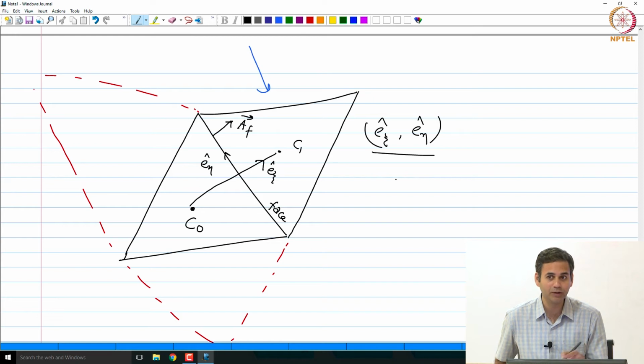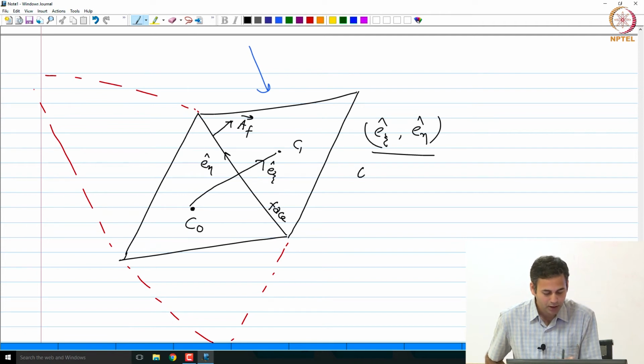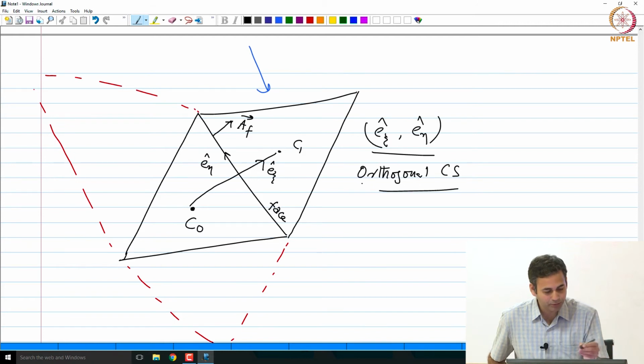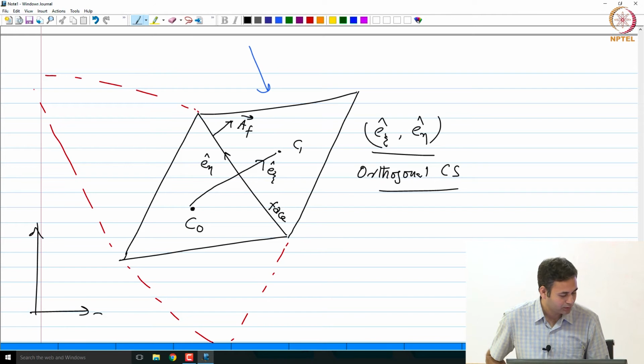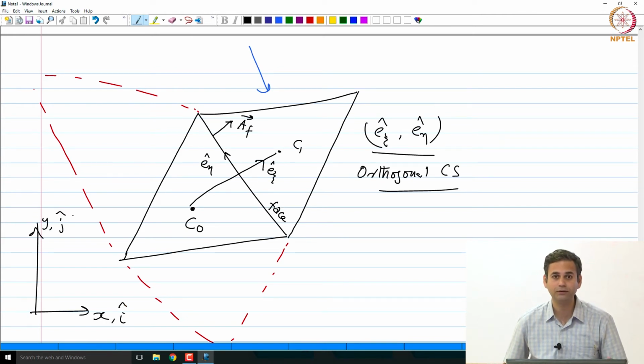This is orthogonal by virtue of the cells being orthogonal, because this line is parallel to the A f. So, this is an orthogonal coordinate system. Of course, we already have our original orthogonal coordinate system, which was x y, x i hat, y j hat. This is also there.